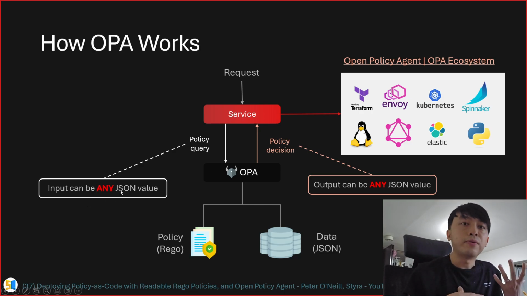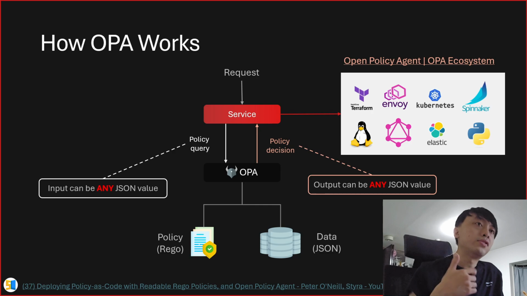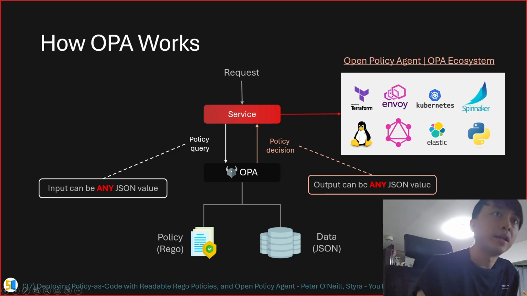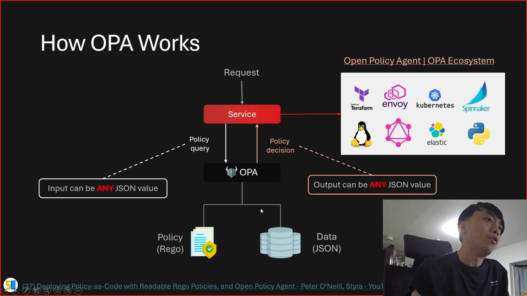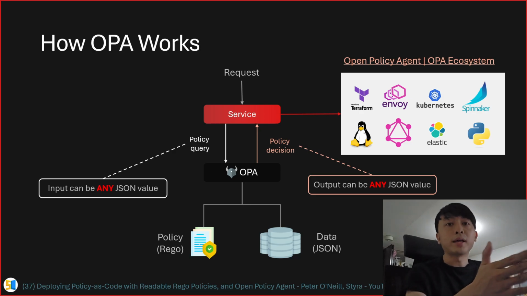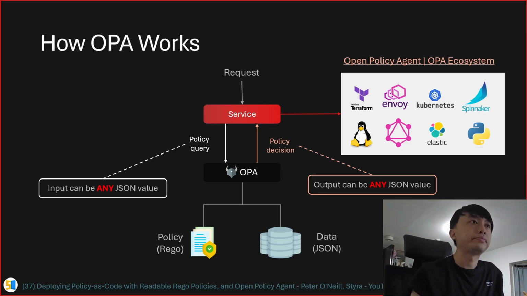OPA will evaluate the request based on the policy that we put in before, with the data that it already knows, and then it returns the policy decision, which can also be any JSON value. So OPA is a general purpose authorization engine, right? The input and output can be any JSON value.